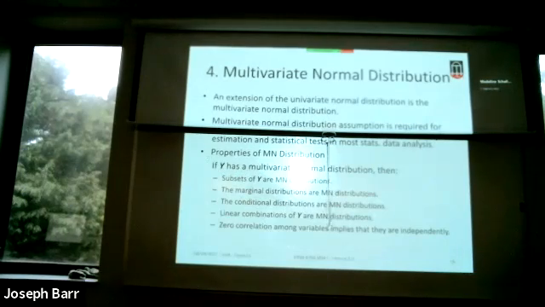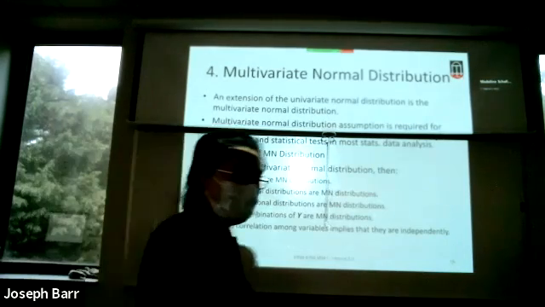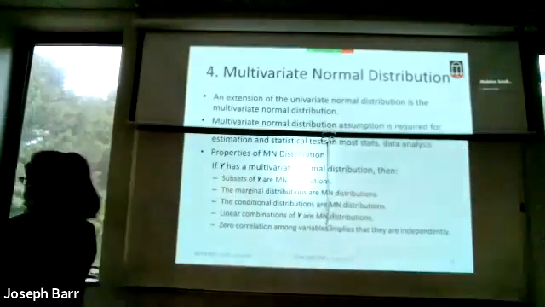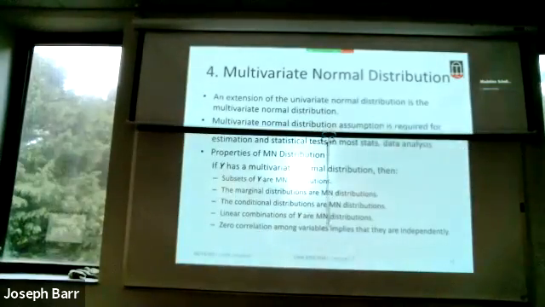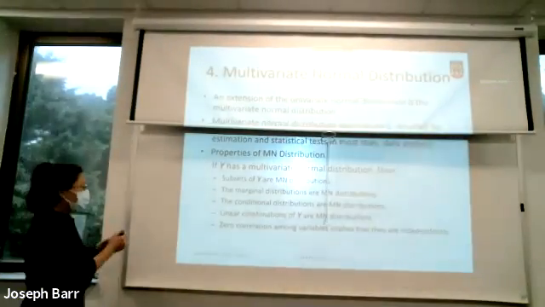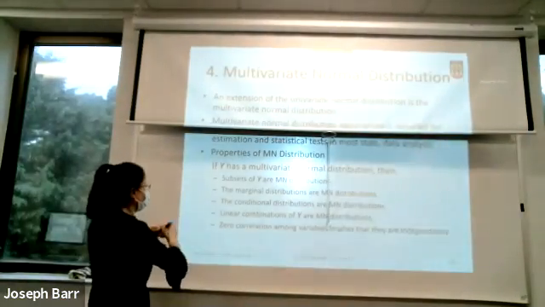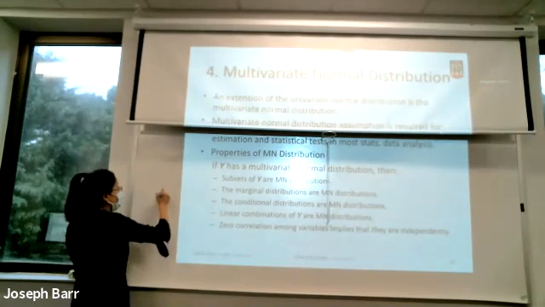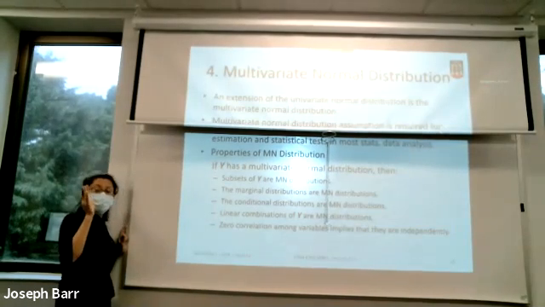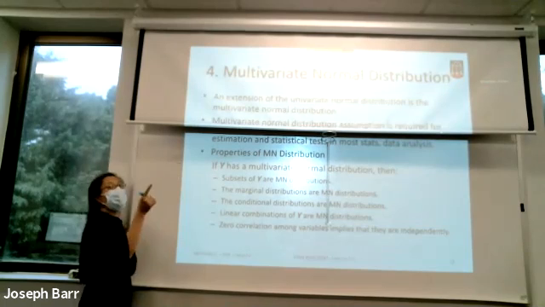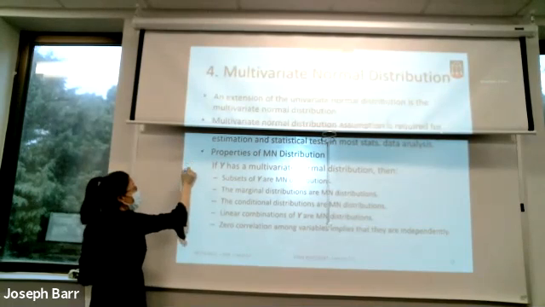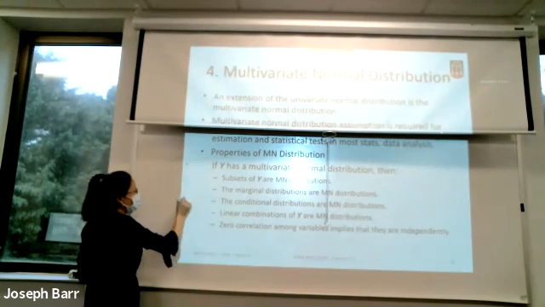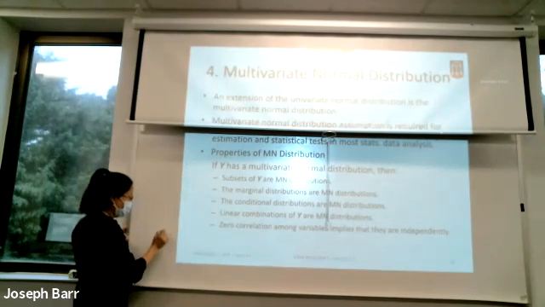Suppose we have a vector y, which consists of several random variables, y1, y2, y3, y4. So you can have a lot, because we have n.